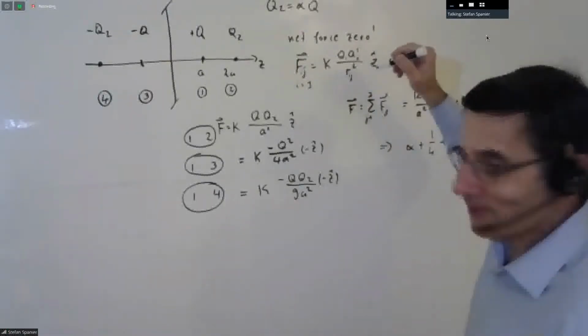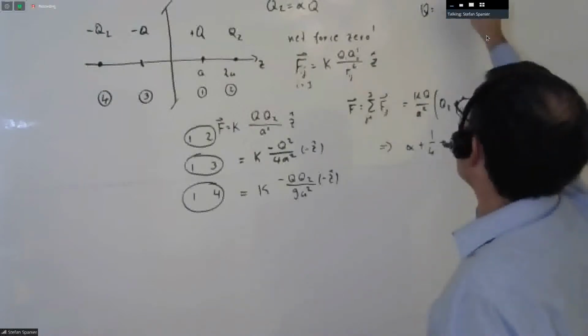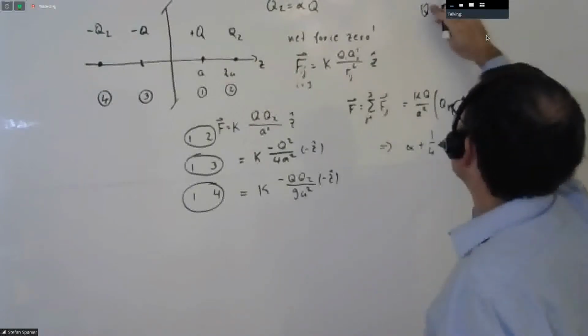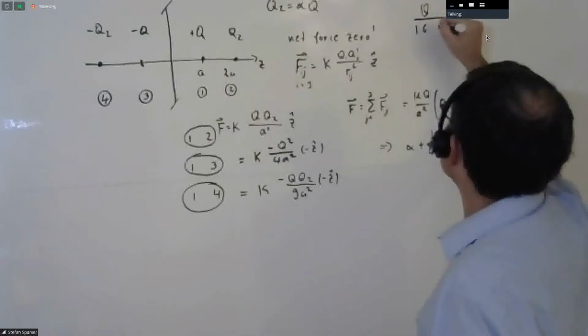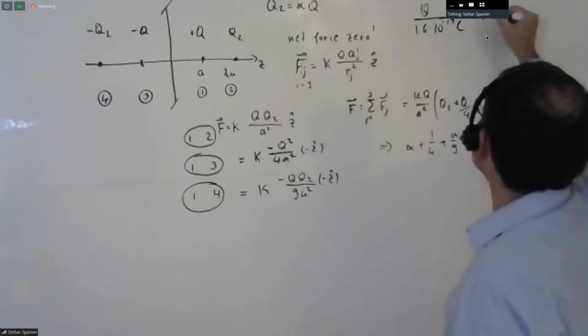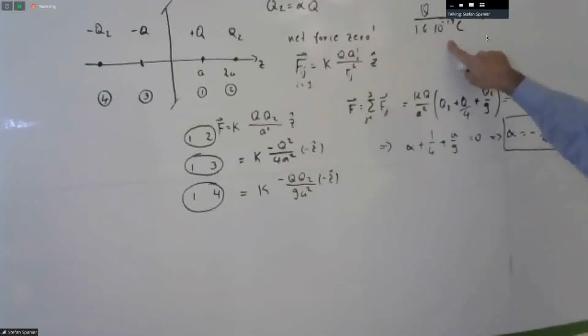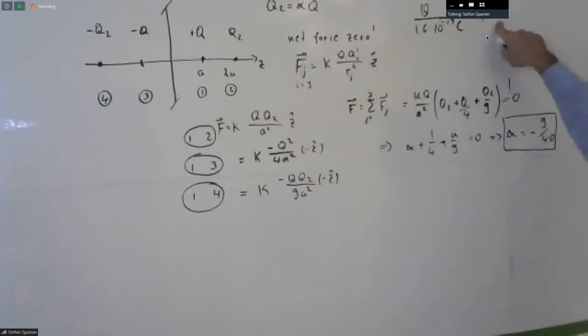I don't know, we want to discuss this now, but if you take the charge, now I place this as individual charges. The number of charges I would have to place is the 1 microcoulomb divided by 1.6 times 10 to the minus 19 coulomb, which is the charge of the electron. That's an enormous number.